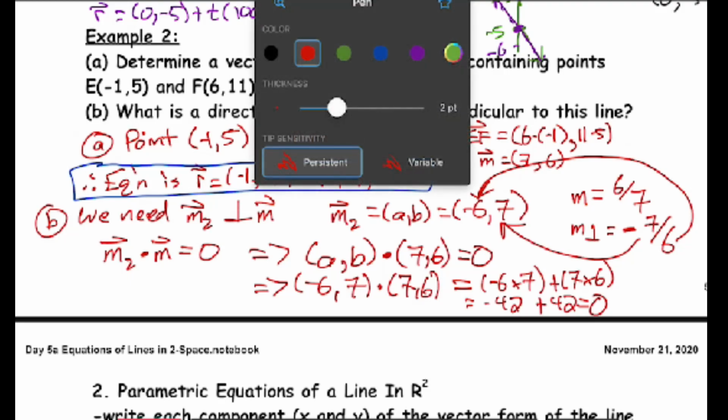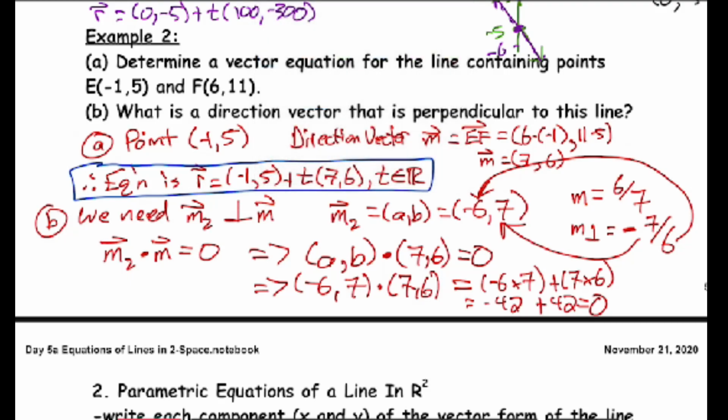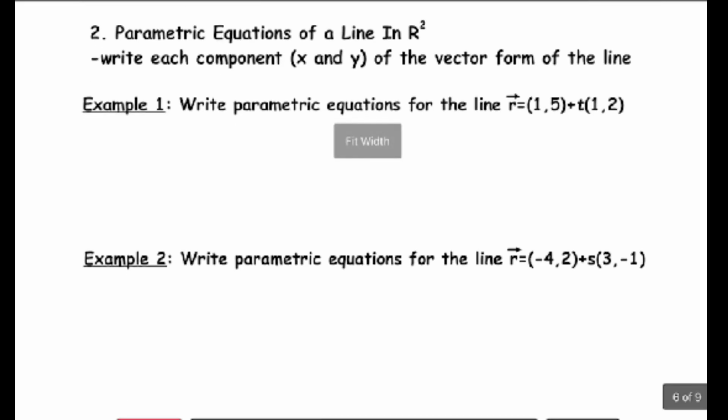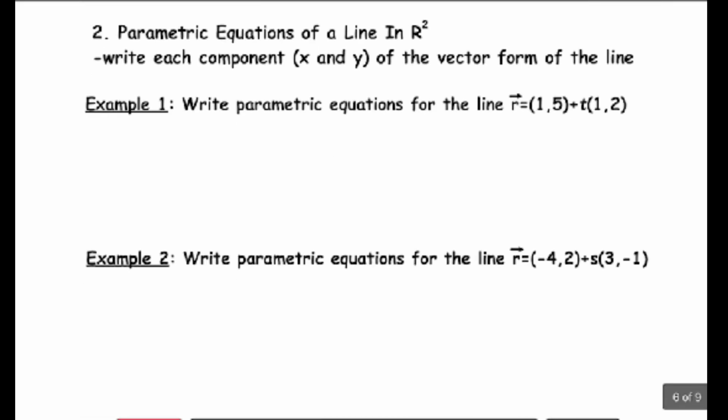That would be our result here, m2 of (-6, 7). And more than one value is possible here. We could have used (7, -6), but this is fine. In our next section, we're going to move on from the vector equation and take a look at the parametric equations of lines in R2, or 2-space.